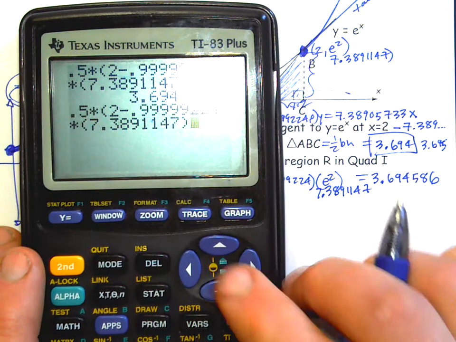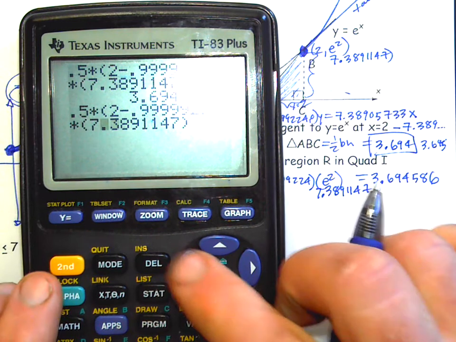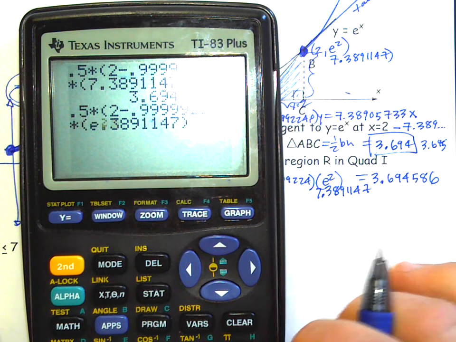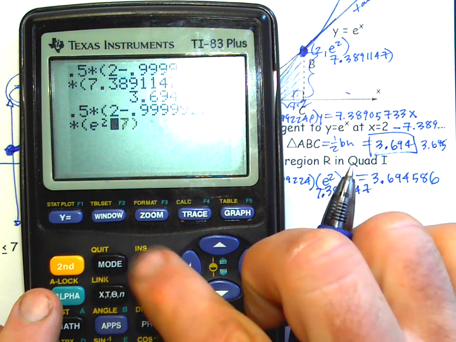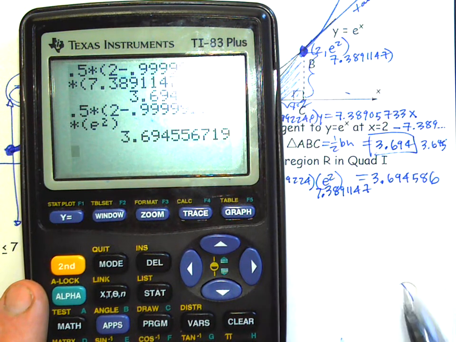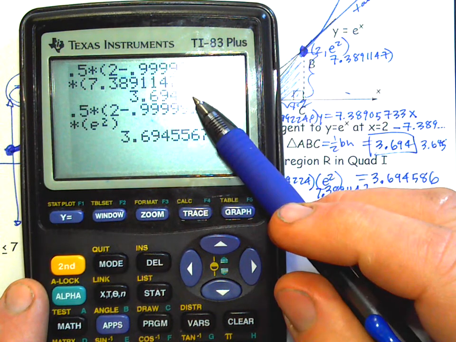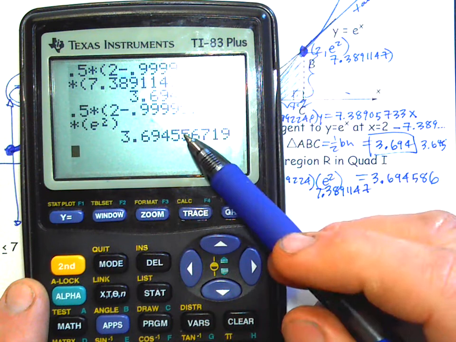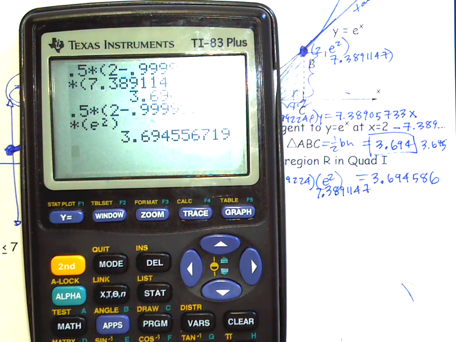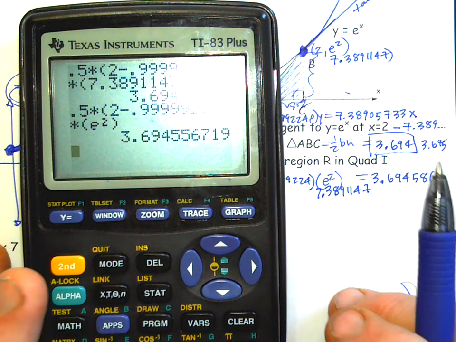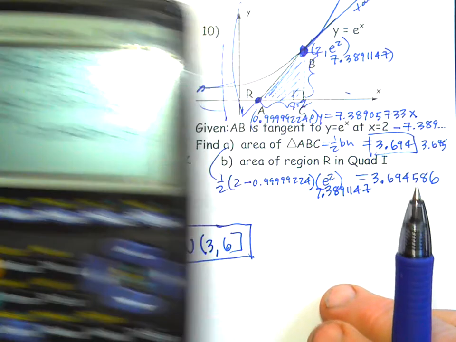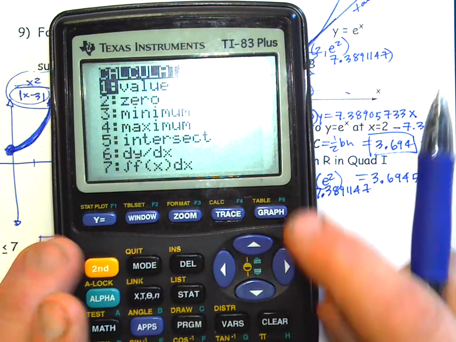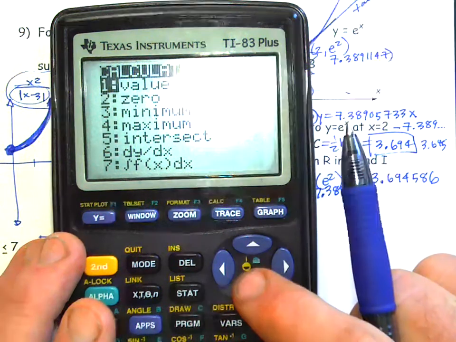Now, let's try something else. What if we had put e squared in here? It should be pretty close to the same thing. Really close. At the 5th decimal place it's off, but that's fine. We have a good enough answer. The other way of doing it is from the graph screen to integrate.